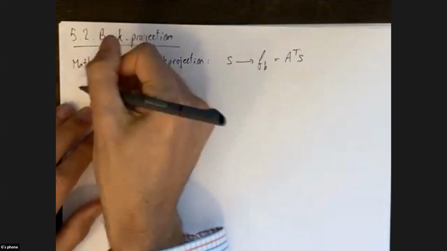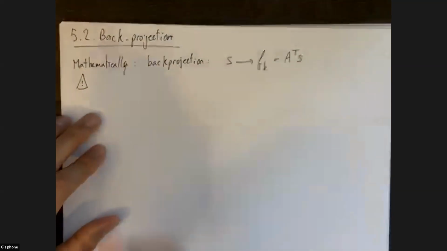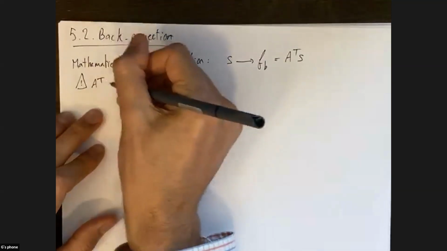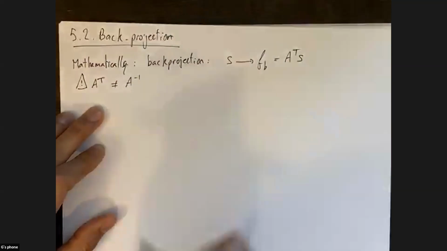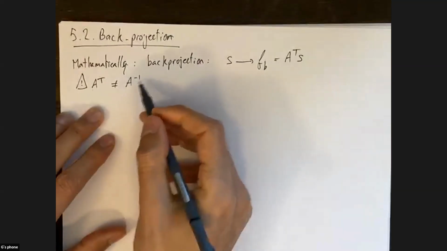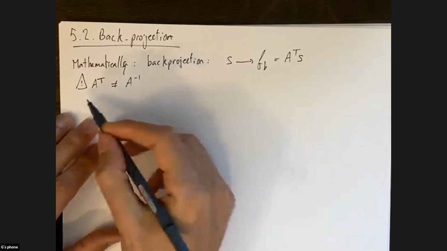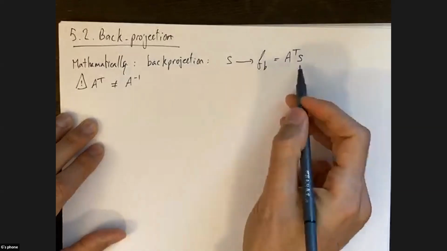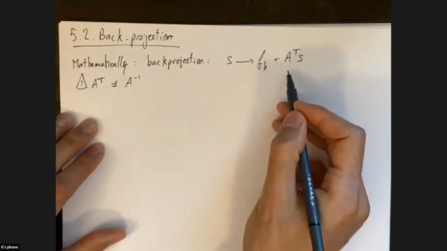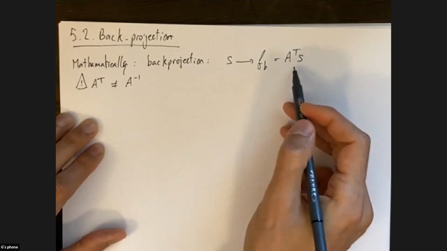Of course, the thing that's maybe not intuitive is that A transpose is not the same as A inverse. If you've taken classes, you may have heard of A inverse, the inverse of a matrix. A transpose is not the same as A inverse. So the back projection of the sinogram is not the same as inverting the projections.